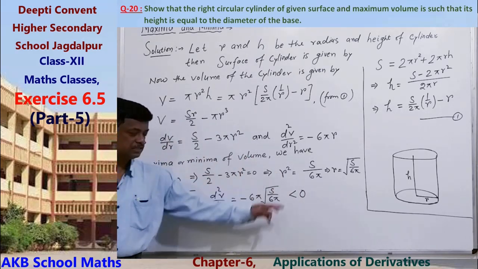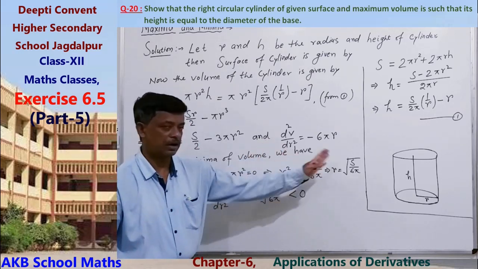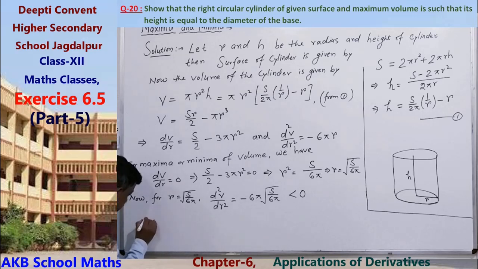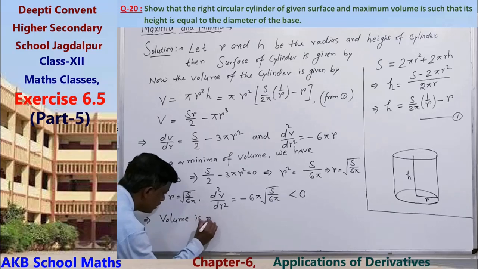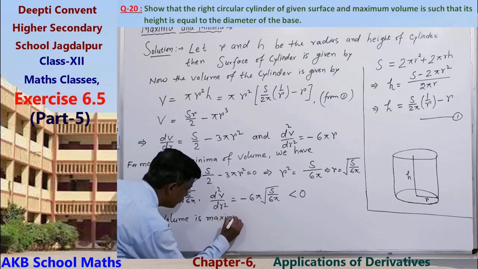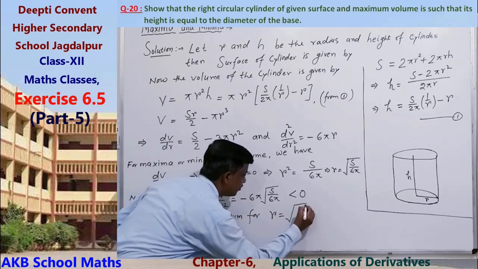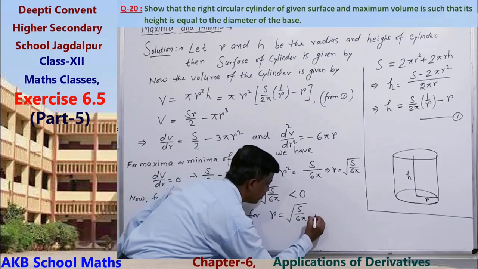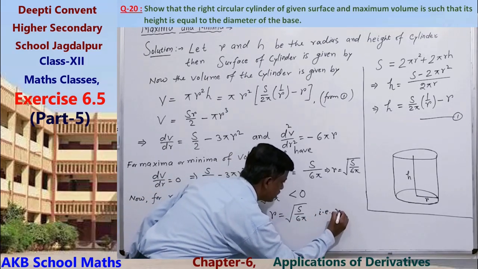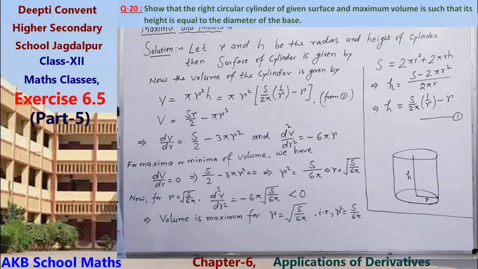Second derivative less than 0, that means volume is maximum for this r. This implies volume is maximum for r equals root of S upon 6 pi, that is r square equals S upon 6 pi. For this value volume is maximum.